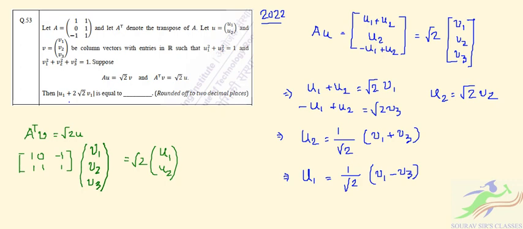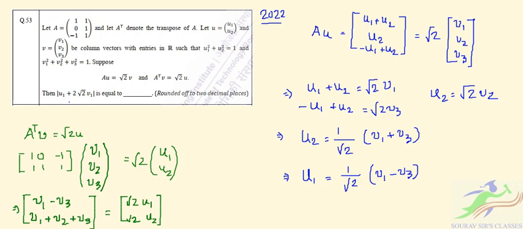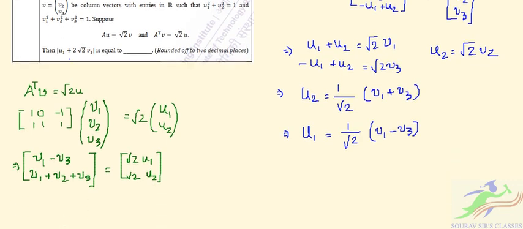So now what will be this? V1 minus V3. Okay. And V1 plus V2 plus V3 is equal to root 2 U1, root 2 U2. Okay. Now we have V1 minus V3 is root 2 U1.